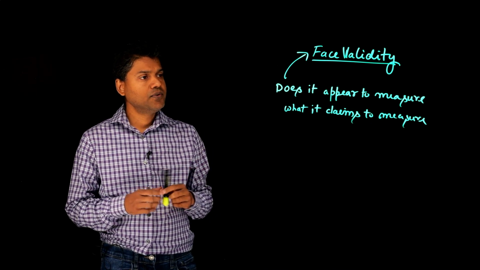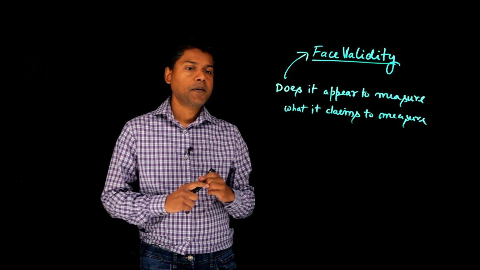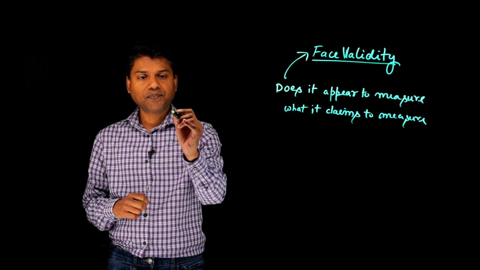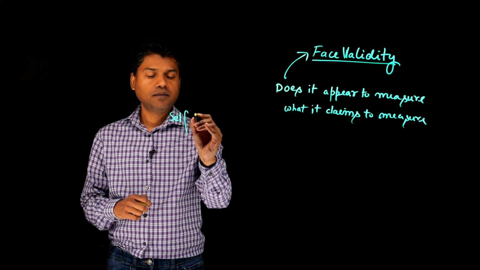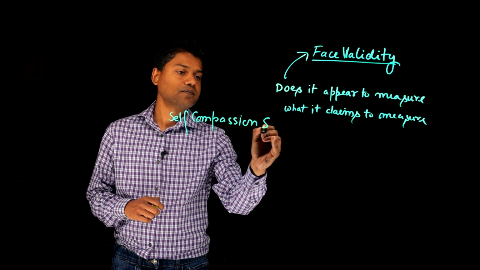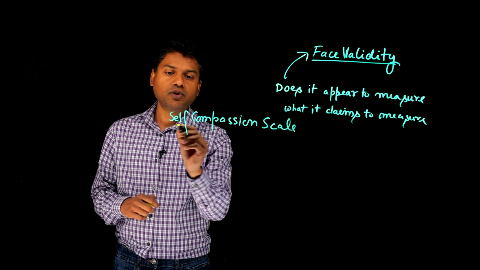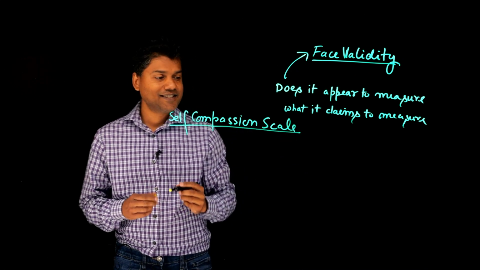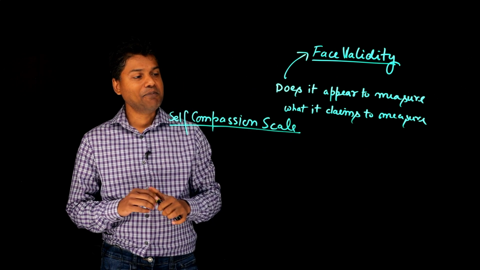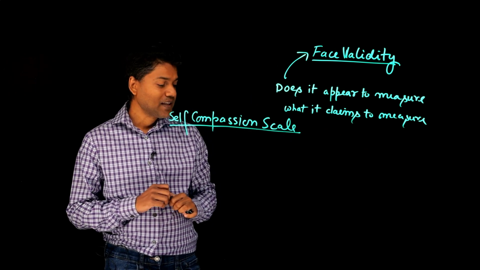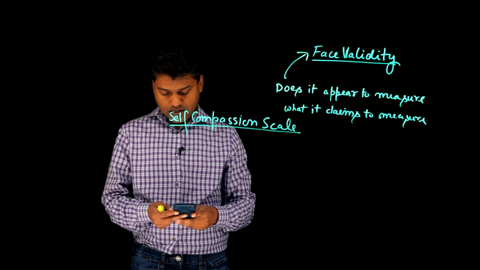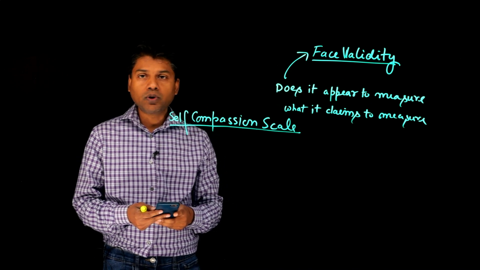Let's understand it further with another example. Let's say there is a test which claims to measure self-compassion, and let's say this test is the self-compassion scale. I'm talking about this test because I used it in my dissertation study, so I clearly remember this scale. I can just pull it up on my cell phone and look at all the items.